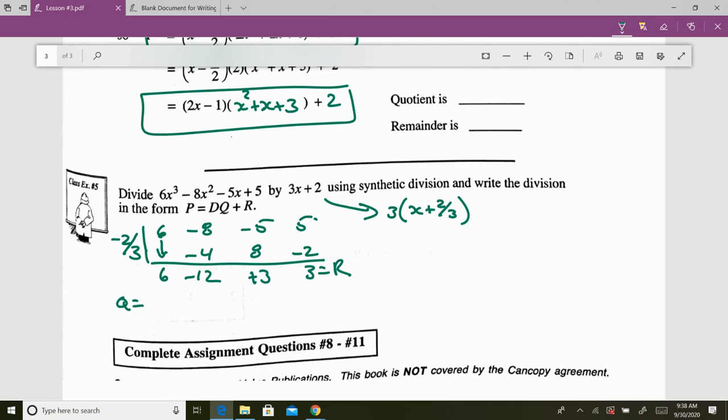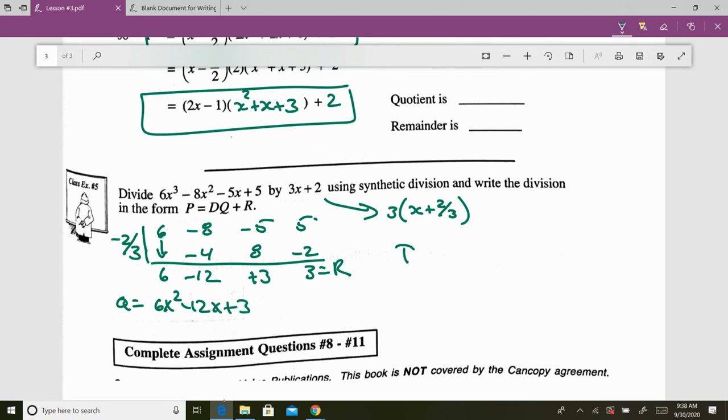What's my quotient? Come on, peoples. It's my quotient. 6x what? Squared minus 12x plus 3.